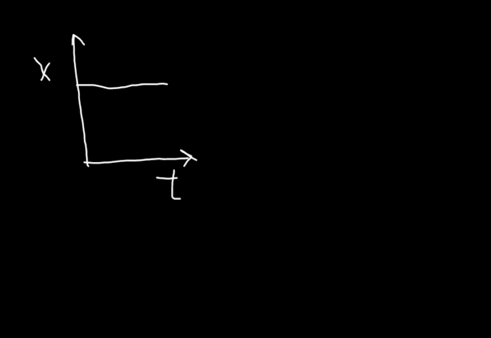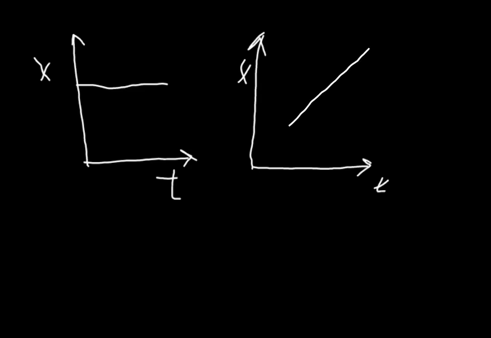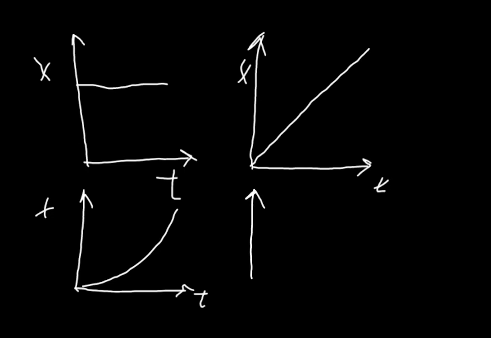This would be an object whose position is not changing, this would be an object whose position is changing at a constant rate. This object would be speeding up, or this object would be slowing down.